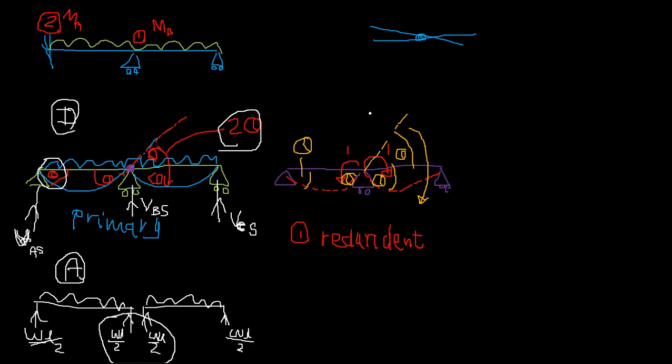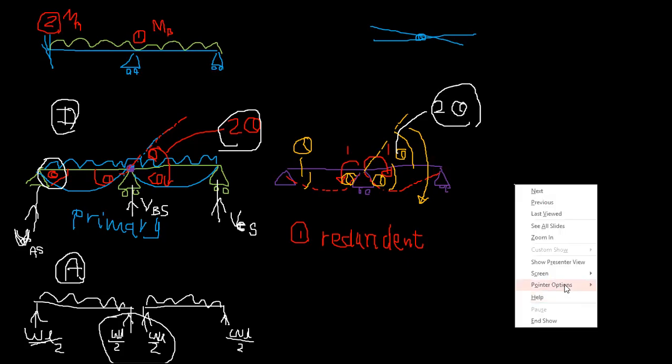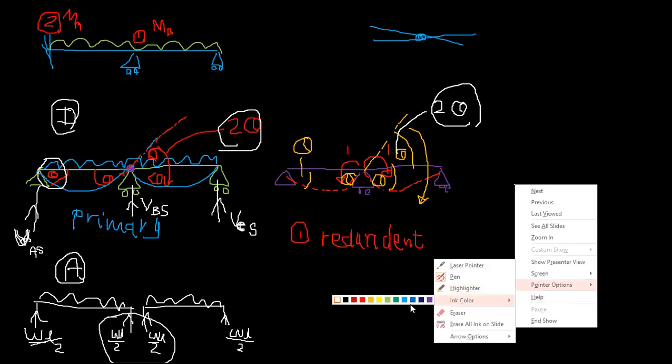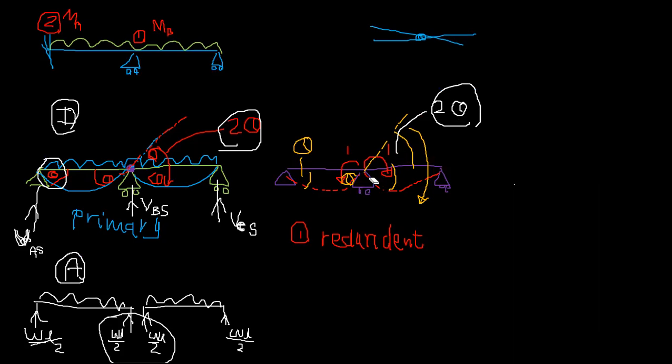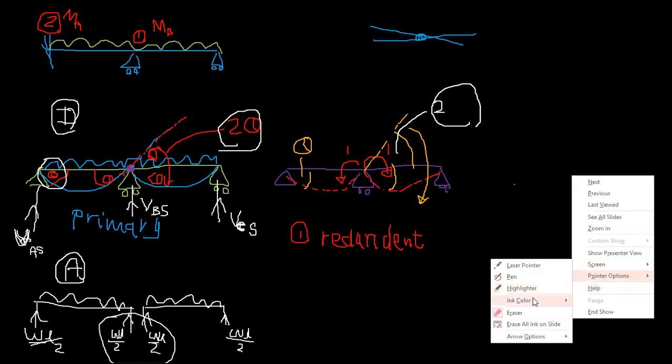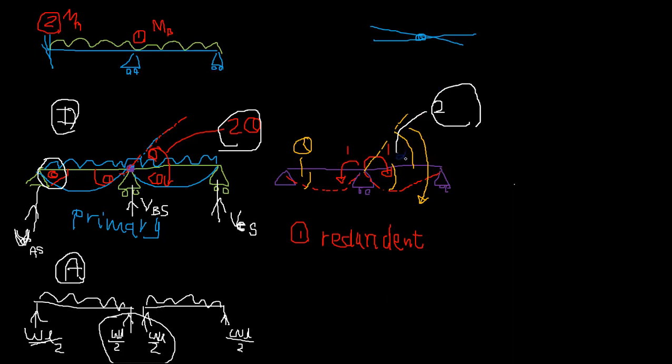I'll show you how. So here also the relative rotation is 2 theta, it's not the same theta, so I will make it 2 alpha. Okay, otherwise you will be confused. I'll make it alpha. This is 2 alpha, right?